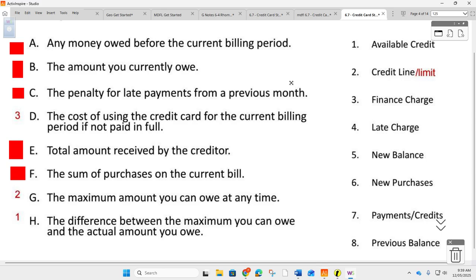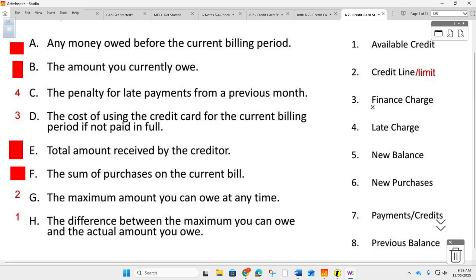Brady, you got one you feel really comfortable with? The penalty for late payments from the previous month. Yeah. Oh. I did not read this one. So you said finance charge was, anywho, I don't know what you said, Audrey. We're going to go back to here. The cost of using their credit card for the current billing period, if not paid in full, is the interest or the finance charge, not the late charge.